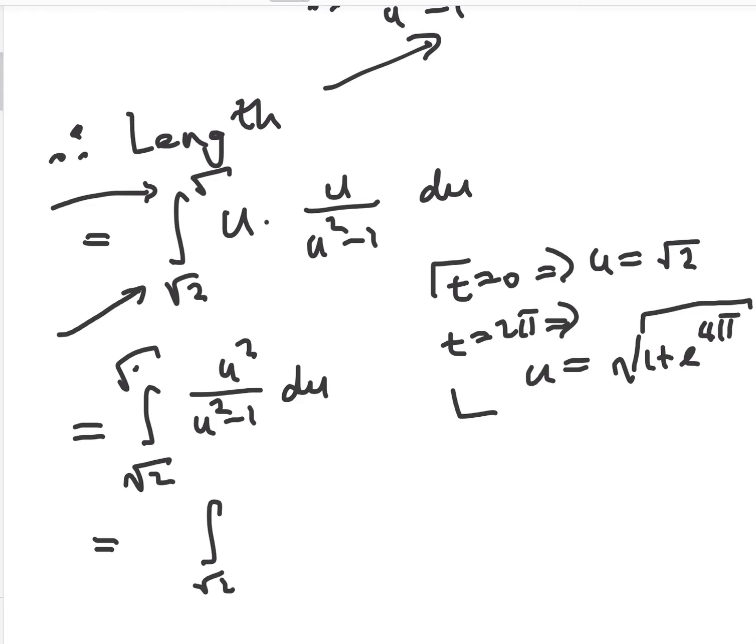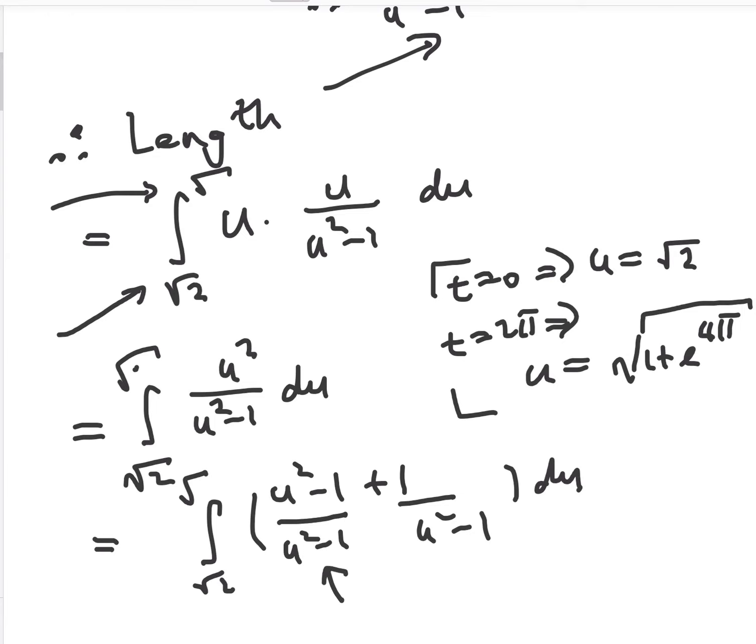This is square root of 2, the other square root. This is u squared minus 1 plus 1. I'm just adding 1, subtracting 1 at the top, and then I'm going to split it into two fractions. So this is going to be u squared minus 1 over u squared minus 1, plus 1 over u squared minus 1, integrated with respect to u.